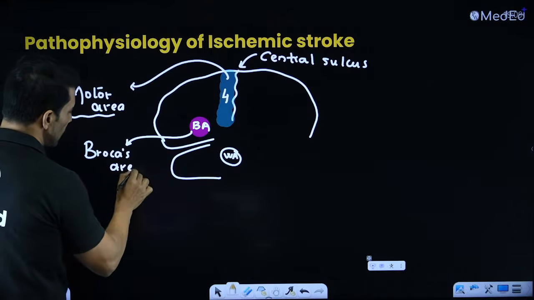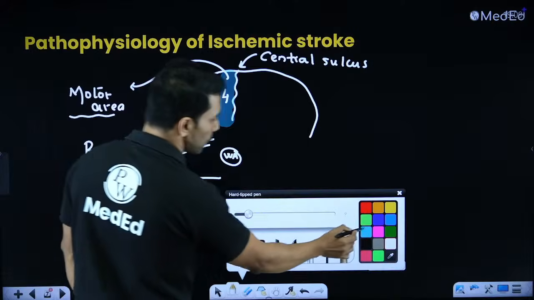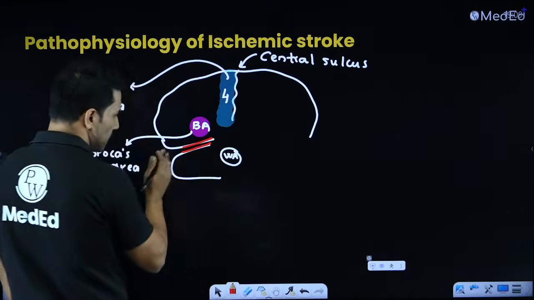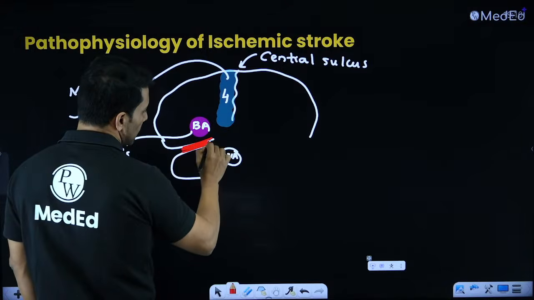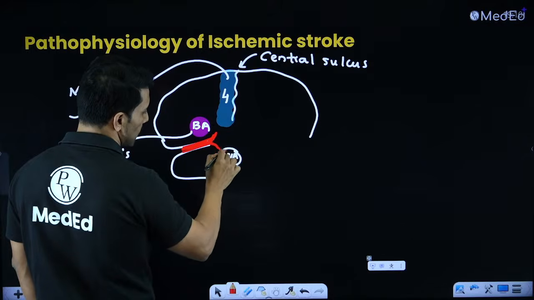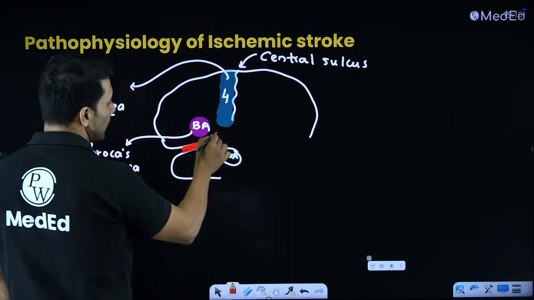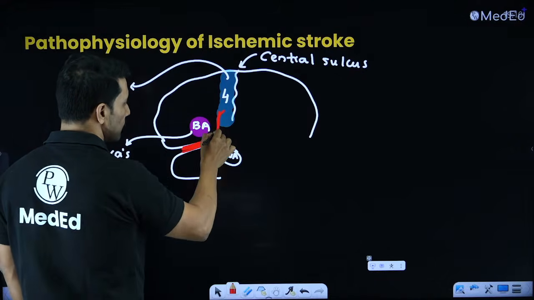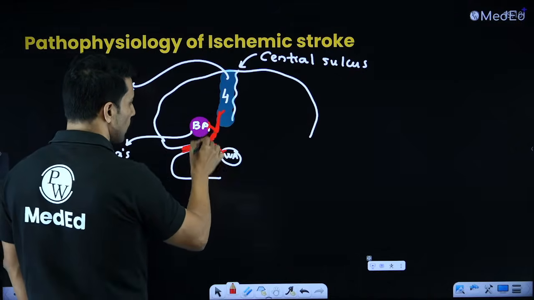Both these areas get their blood supply from the middle cerebral artery. Let us say here I have the middle cerebral artery, which is running in the sylvian sulcus. This middle cerebral artery has two divisions: an inferior division which gives blood supply to Wernicke's area, and a superior division. The superior division gives blood supply to part of the motor area and Broca's area.